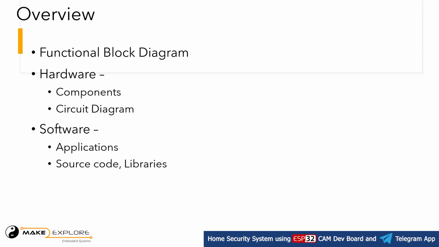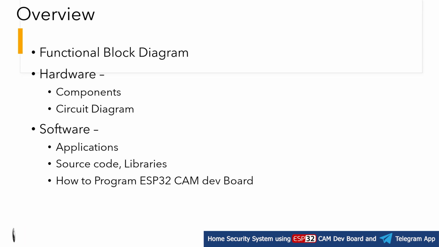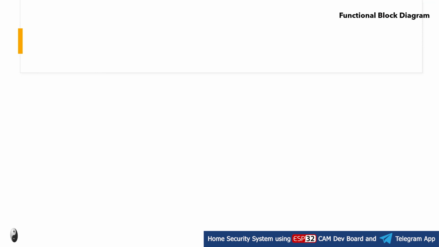Then we will see all the info about the source code of this project, like what libraries are used and which ID we are going to use, etc. After that, we will see how to program AI Thinker's ESP32 CAM development board. And finally, we will see the demonstration of this project. So let's get started and see the functional block diagram of this project.